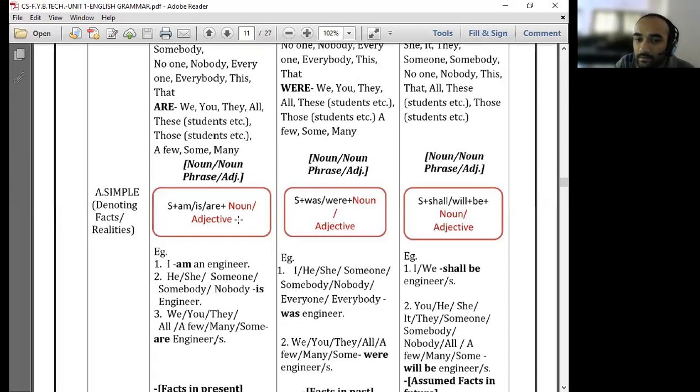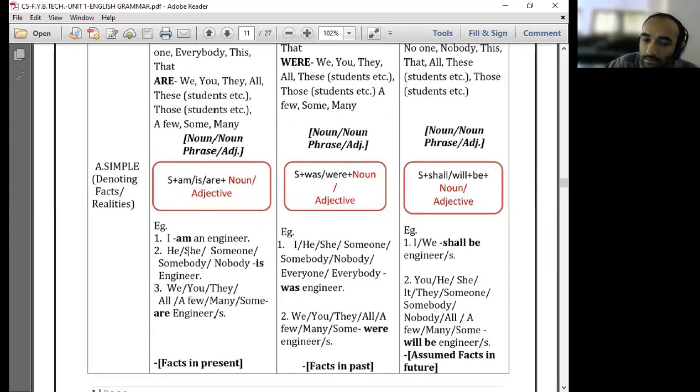After am, is, are, we use either a noun or an adjective. Let's understand it with an example. The first example is, I am an engineer.